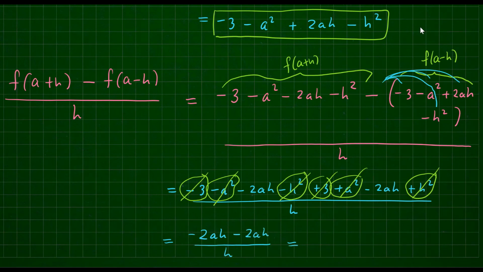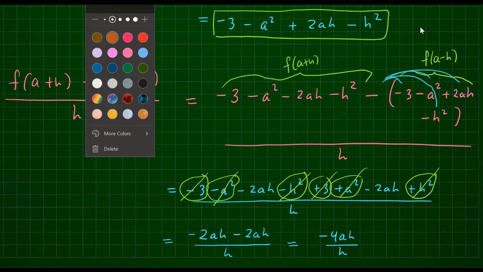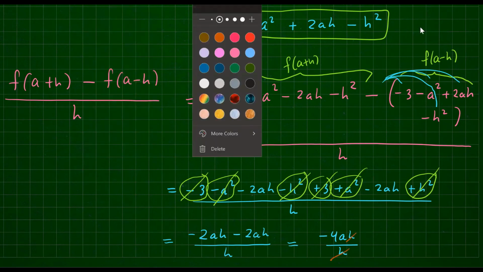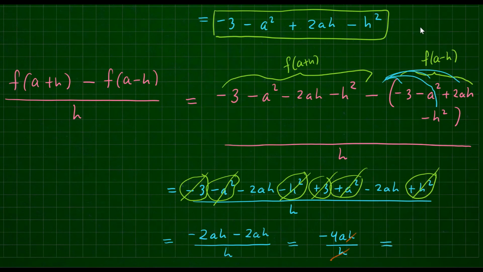And that's a like term, so we actually have negative 4ah over h. Now, finally, we can simplify by canceling out the h, top and bottom, and that will leave us with negative 4. So that's the simplification for this difference quotient.